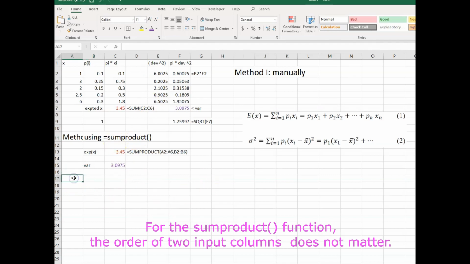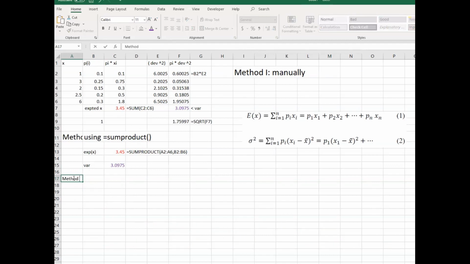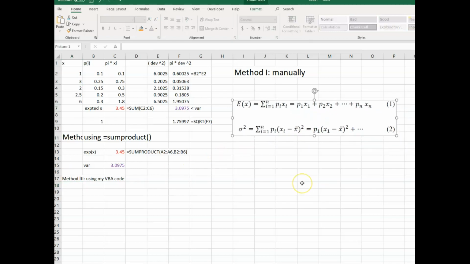So method 3. Method 3 is using my VBA code. For this course, I will not teach VBA. However, I'm going to teach you a simple way to use other people's VBA, and this I call copy and paste.